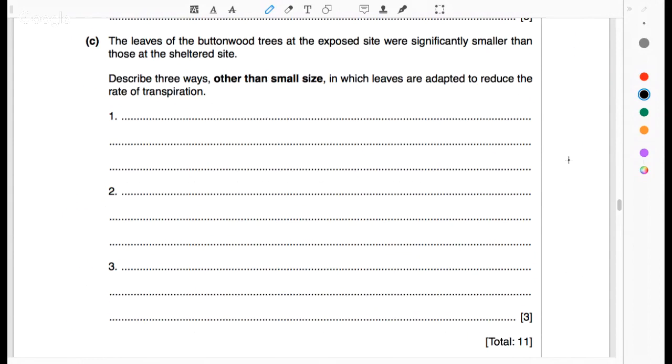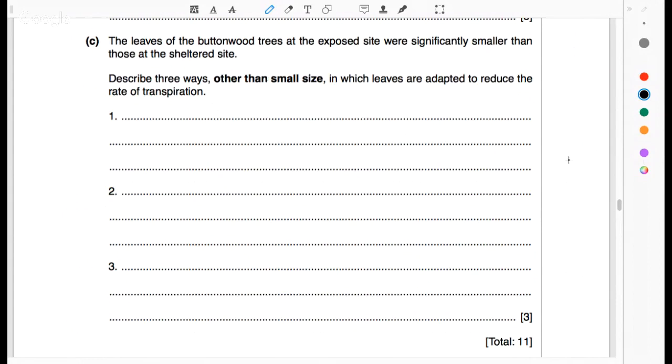So one would be thick, waxy cuticle. It increases the distance over which transpiration occurs. Another one are hairs. So hairs outside the stomata reduce the water potential gradient by trapping water vapor.